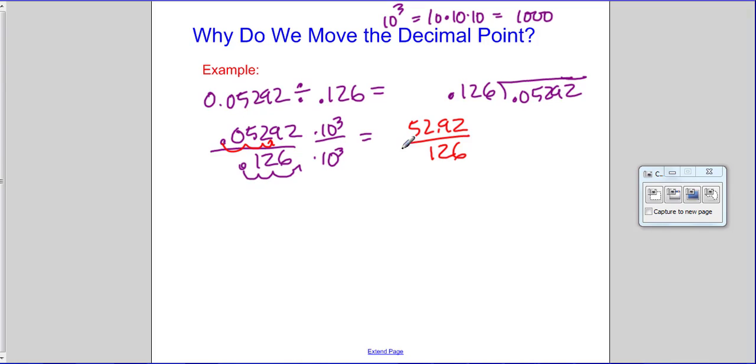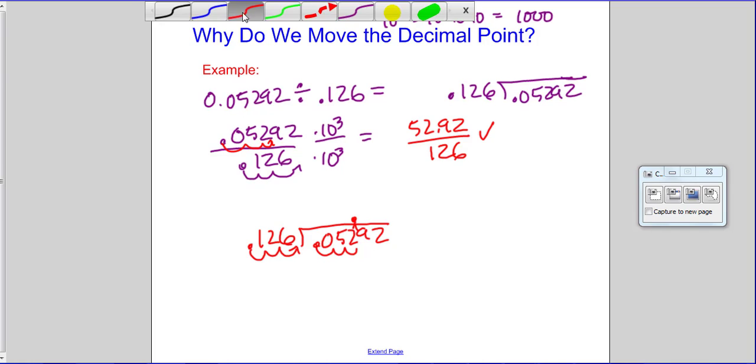Now notice that's what effectively I'm doing here, because if I take 0.126 into 0.05292, I'm moving the decimal point 3 places here because there's 3 places behind the decimal point. Well, if I move it here 3 places, that's 1, 2, 3, my new decimal point goes here. That has effectively changed the problem to this, 52.92 divided by 126.